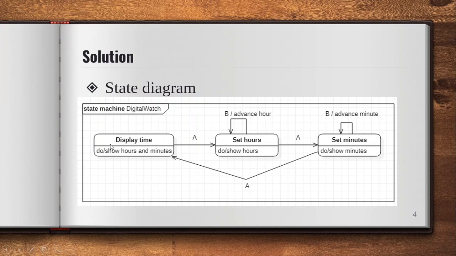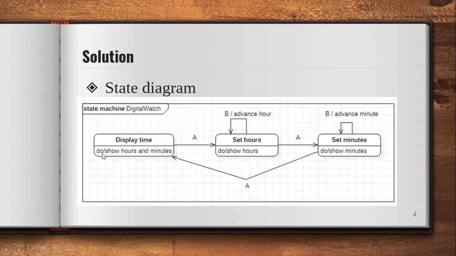In the display time mode, the watch displays the hours and minutes separated by a flashing colon. So that's why we used the do activity here. The notation for the activity is this slash.